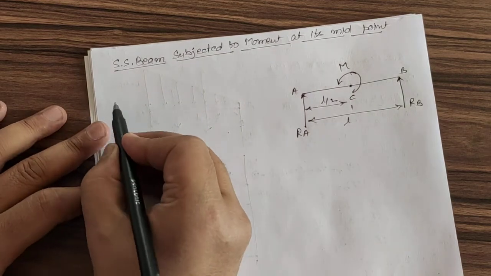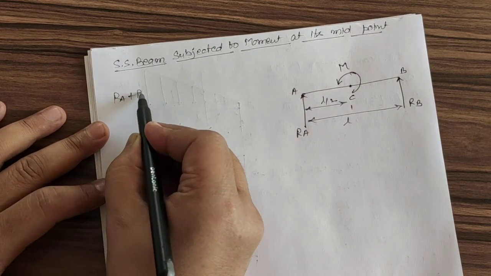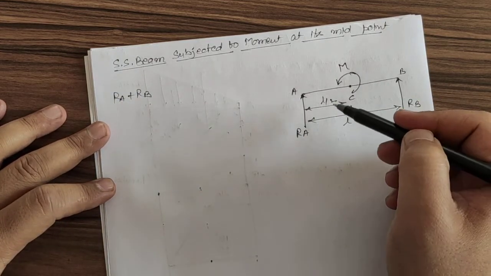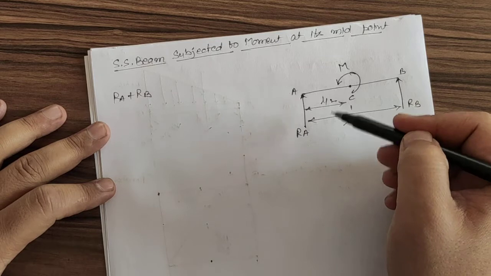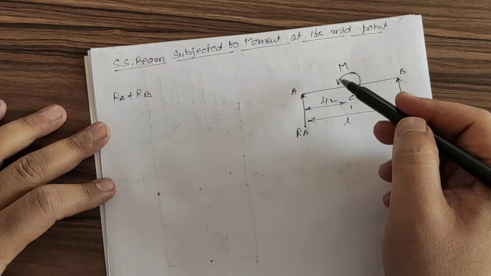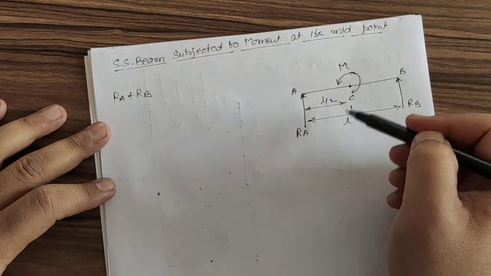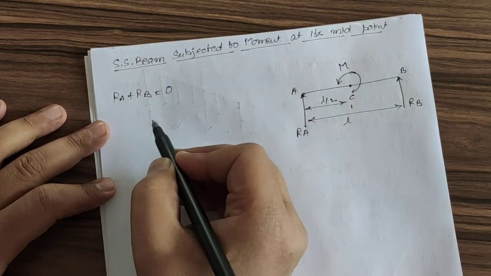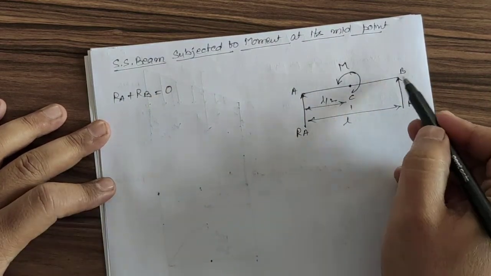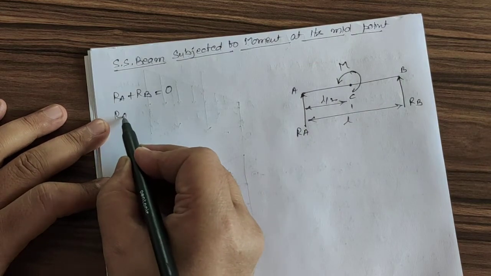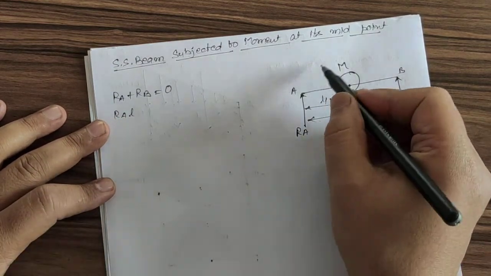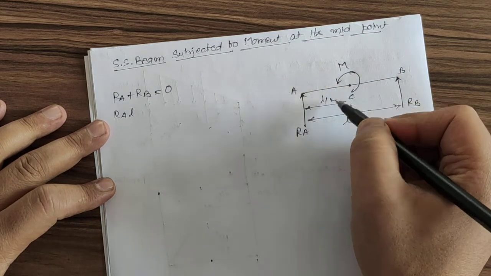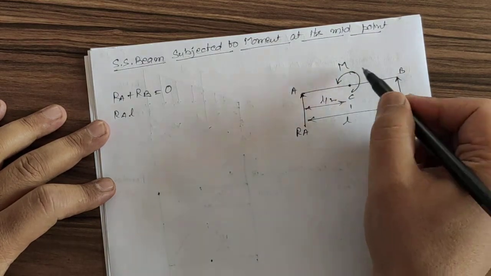Support reaction: we are calculating R A plus R B, and there is no vertical load, so summation of Fy equals 0. Now, moment about point B, then R A into L. This moment M we will count, and its effect about point B is anti-clockwise.